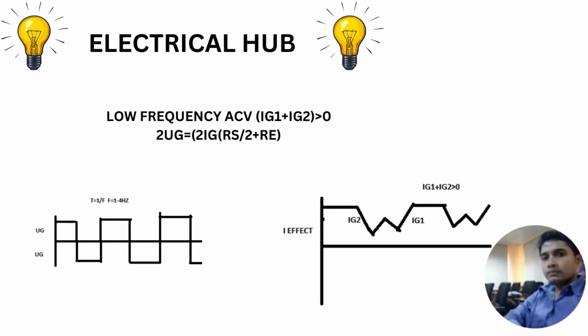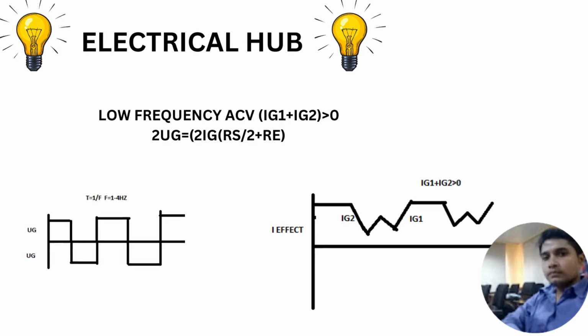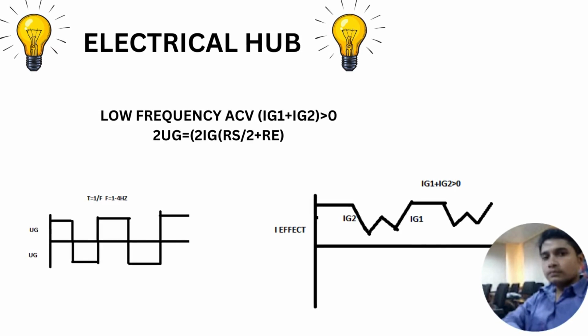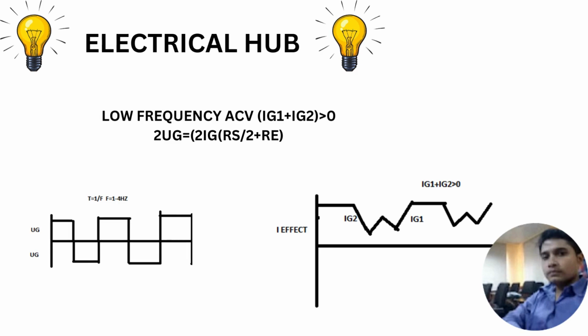If you put everything in the KVL calculation, then 2UG will be equal to 2IC times (RS by 2 plus RE). That RE is the insulation resistance. So, according to the value set for the insulation resistance, for example 5 kilo ohm or 1 kilo ohm or 1 mega ohm, it will trip. If it senses a value lower than that, the alternator will trip on the rotor earth fault protection.